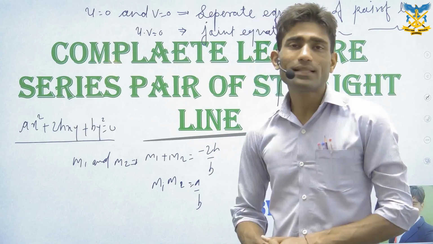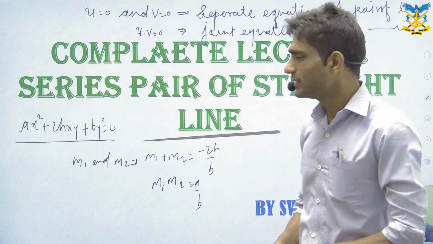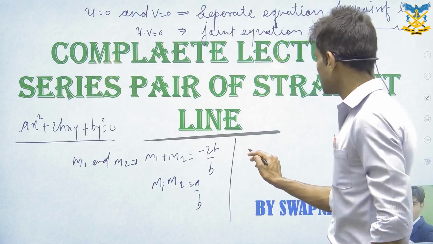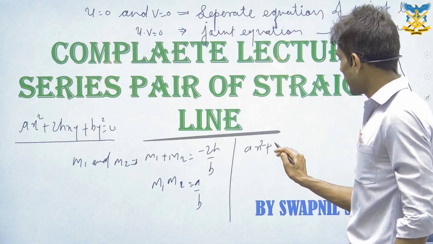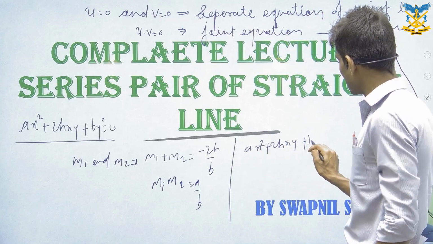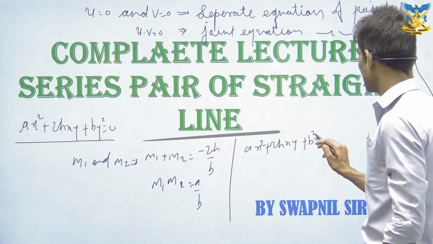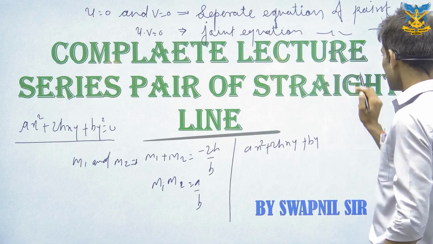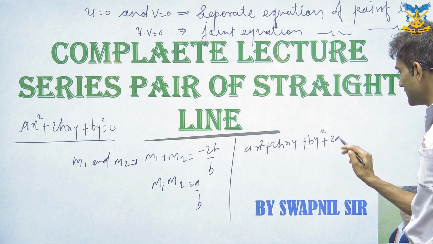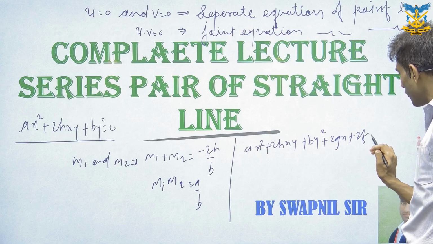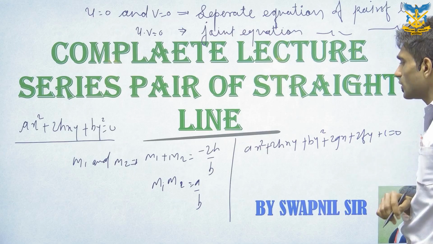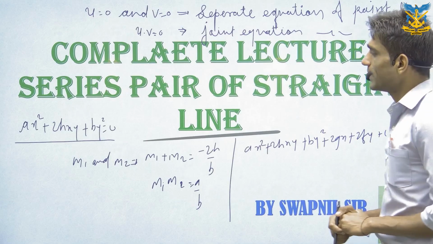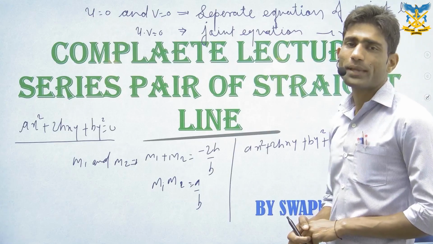After that, the general equation of a pair of lines is ax square plus 2hxy plus by square plus 2gx plus 2fy plus c equal to 0. We consider this as the general equation of a pair of lines.